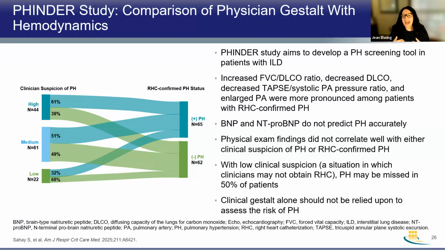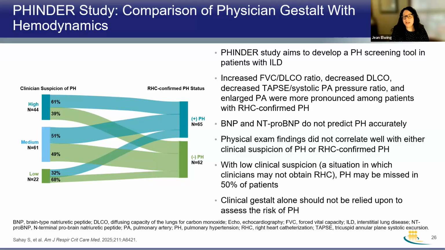But how good are we? Can we use our own gestalt to determine if patients have pulmonary hypertension? Well, the answer, unfortunately, is no. And in a recent study, the FINDER study aimed to evaluate patients with ILD and determine how to best screen them for pulmonary hypertension, looking at FVC to DLCO ratio, DLCO, TAPSE to systolic PA pressure, enlarged pulmonary arteries, and then if we were able to confirm pulmonary hypertension with right heart catheterization.